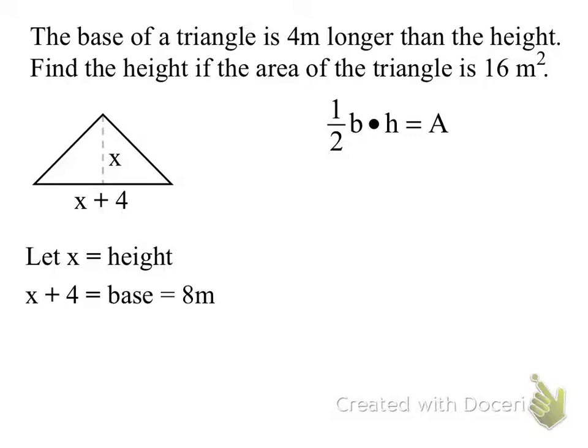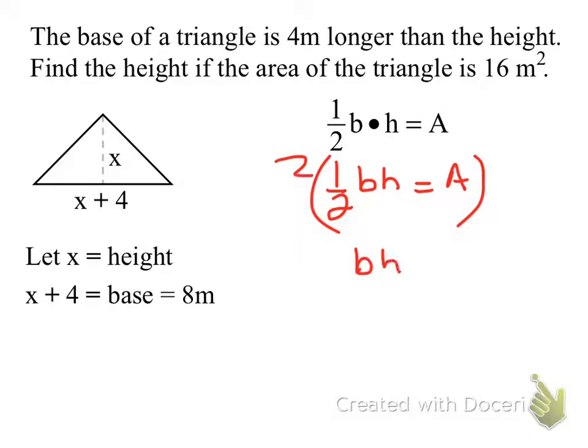Isn't this the same as 1/2 BH? What would I do to clear that fraction? Multiply the whole way by 2. And so what do I end up with? You end up with BH equals 2A.